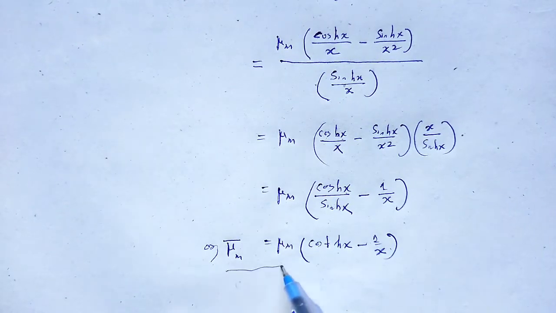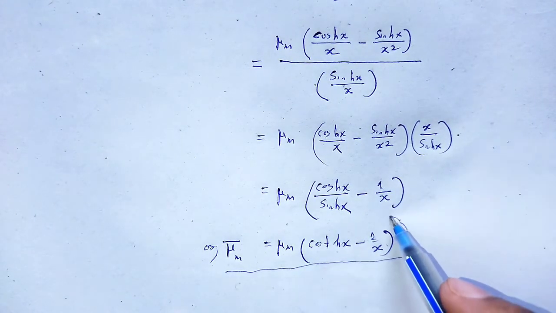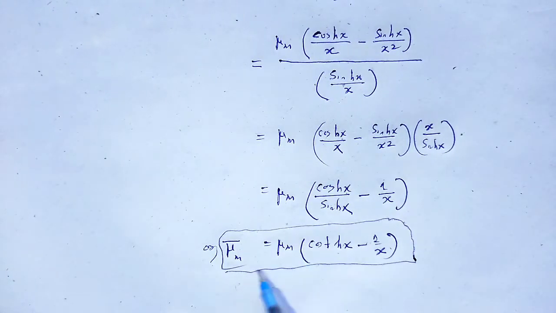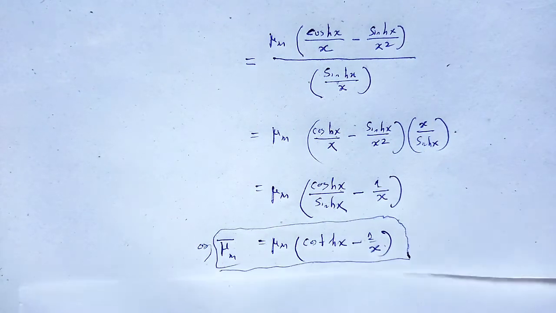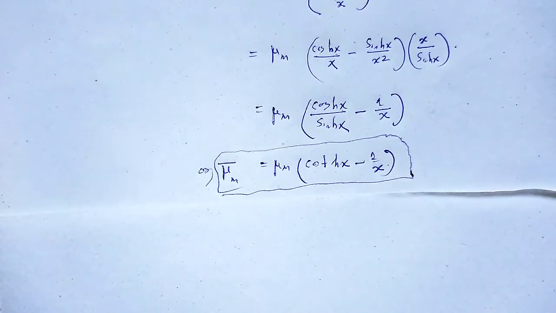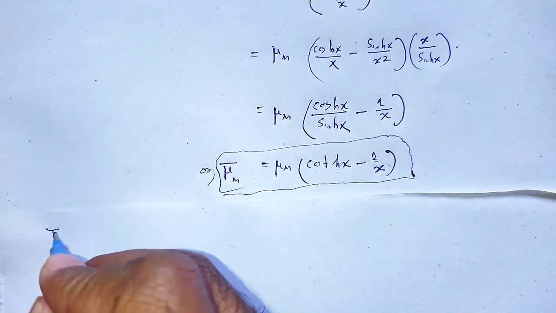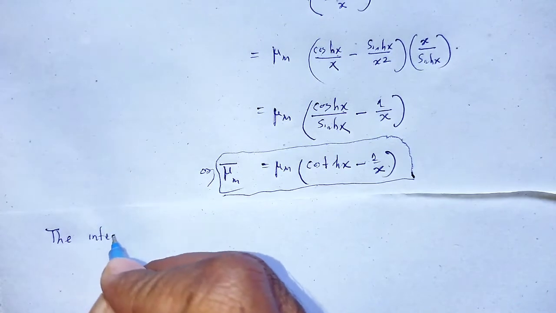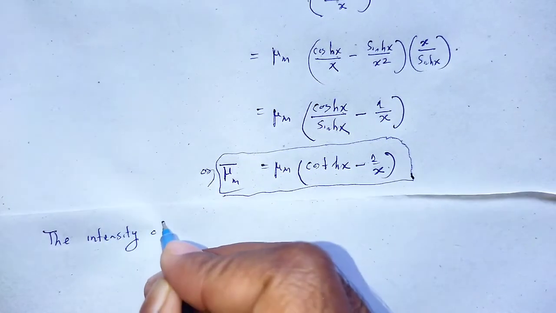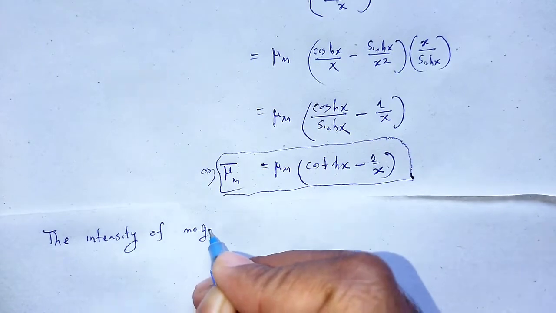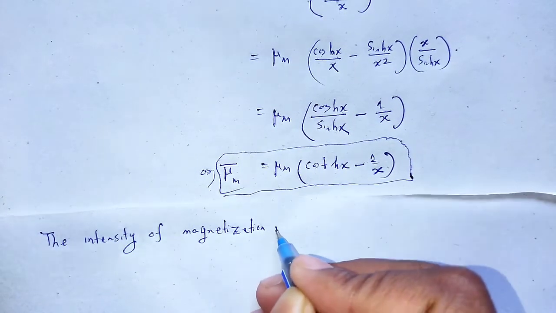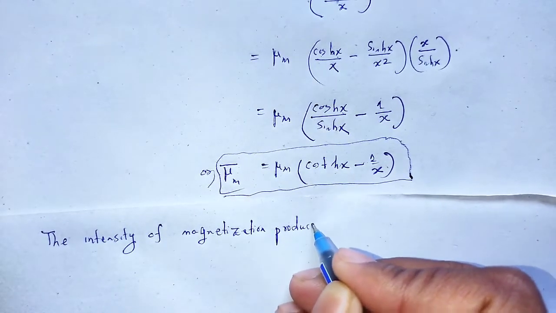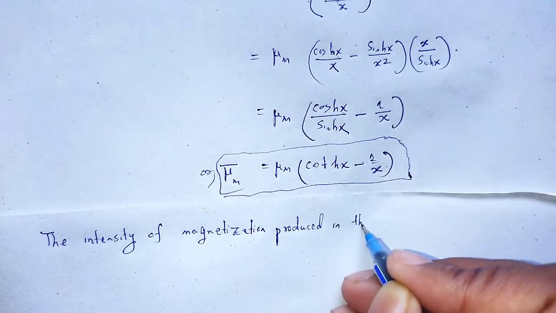Now the intensity of magnetization is calculated. Next, the intensity of magnetization produced in that given sample.